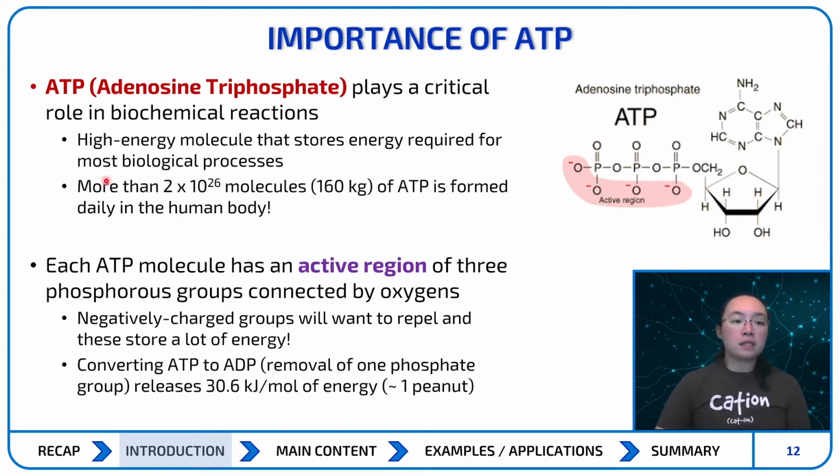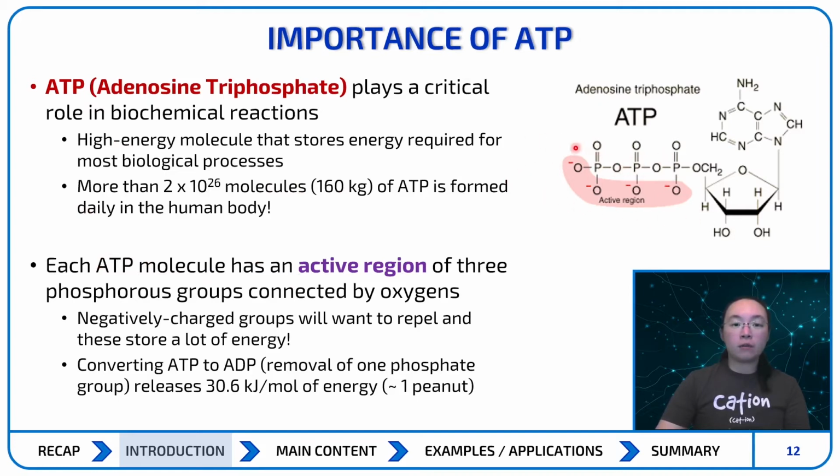So ATP is a high energy molecule, seen over here, that stores energy required for most biological processes. There are more than 2 times 10 to the 26 molecules, approximately 160 kilograms of ATP that's formed on a daily basis in the human body. That's a crazy amount of weight. Each ATP molecule has an active region. So highlighted over here is an active region.